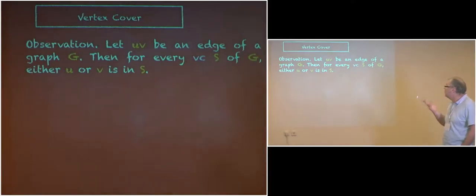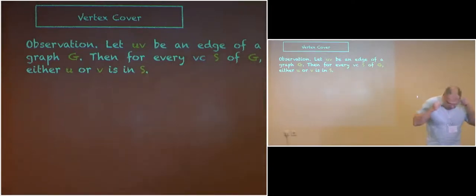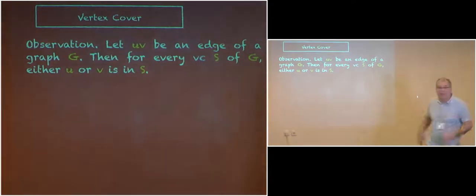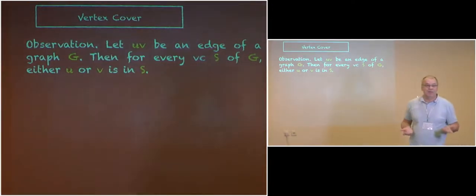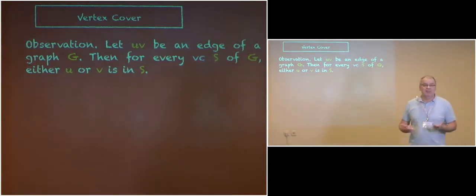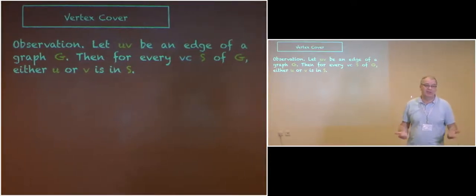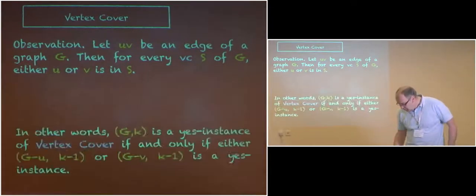So what is the main observation behind the algorithm for vertex cover? If I have an edge uv in a graph, then every vertex cover should contain at least one of the endpoints of that edge. The edge should be hit.